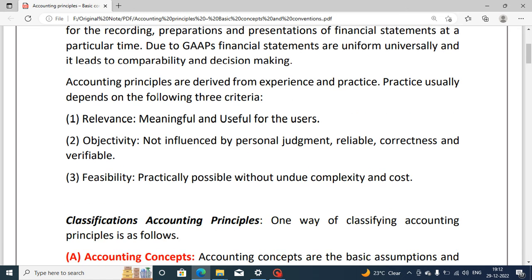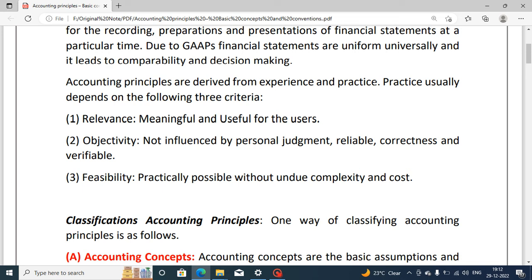Accounting principles are derived from experience and practice. The principles are man-made and derived from experience and practice. That means these principles are not like scientific or universal principles like the principles of physics and chemistry, for example, the law of motion. The law of motion is universal in nature.